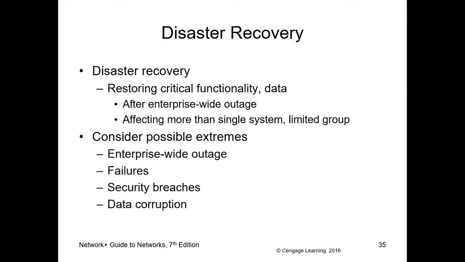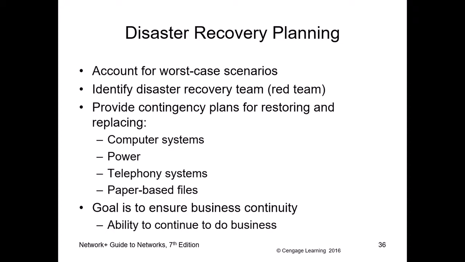If there are security breaches, you have to be able to consider the possibility of the extremes, in case of a whole enterprise network outage. Nobody has access to anything. You can't access the building because something happened in the building. Can they go work somewhere else, or can they work from home? You've got to be able to take care in case there are failures, security breaches, data corruptions. You've got to look at all of that and have some backups.